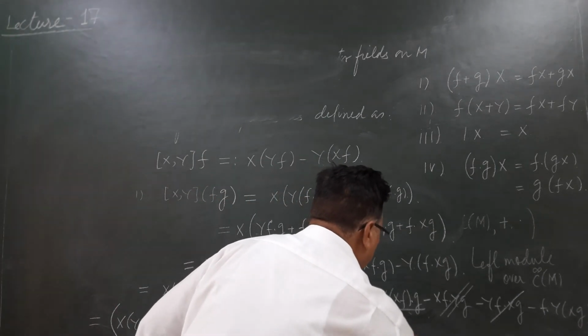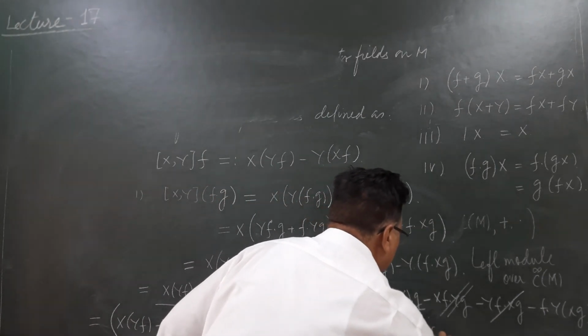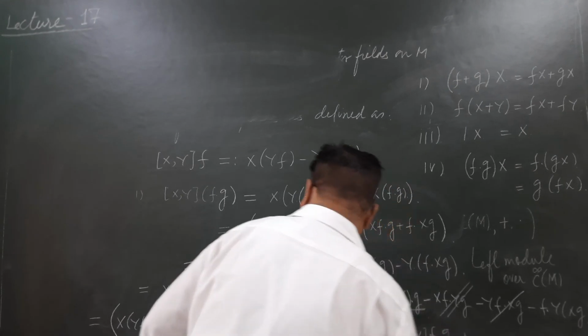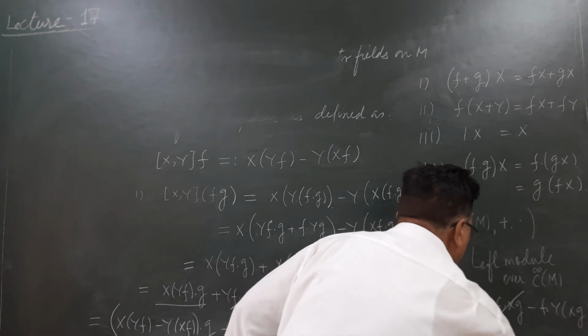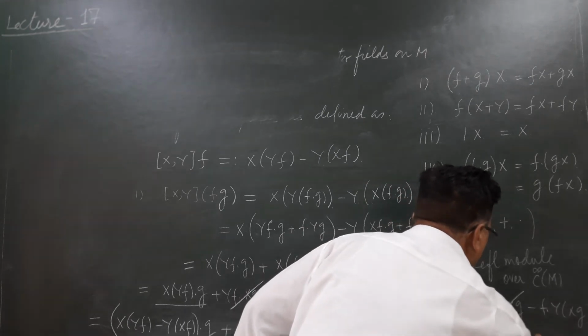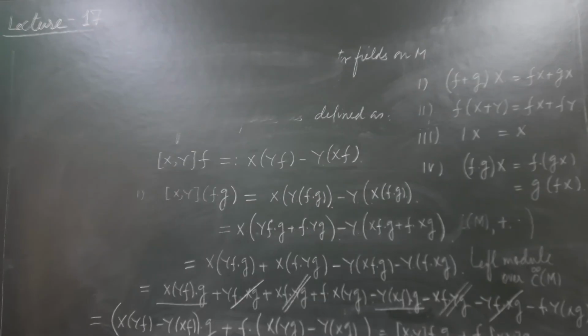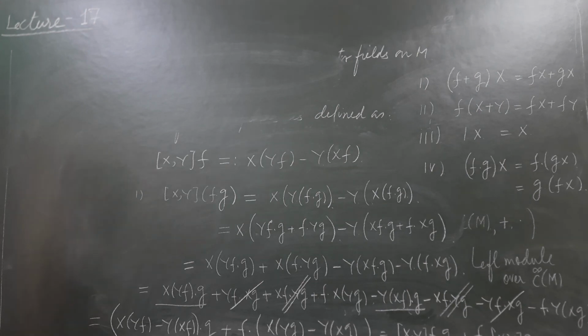So this is XY operating on f, g as it is, plus f into Lie bracket XY operating on g. So this settles the Leibniz property also.